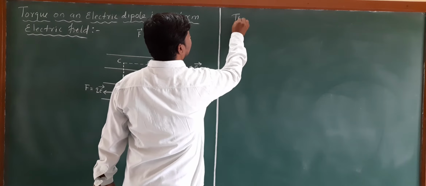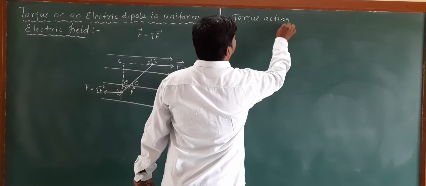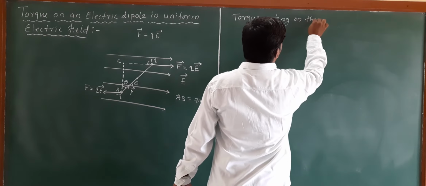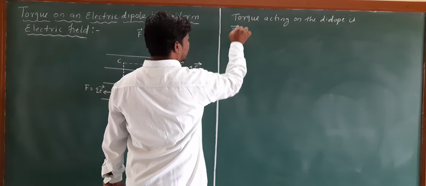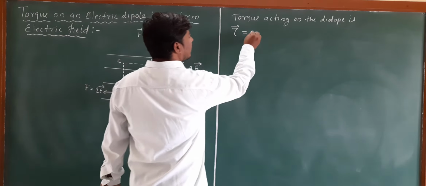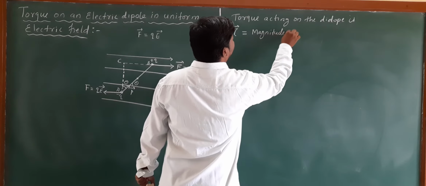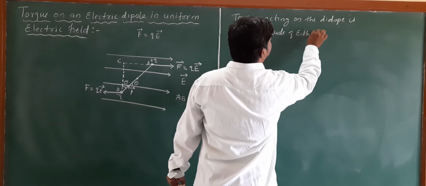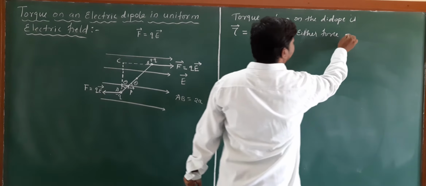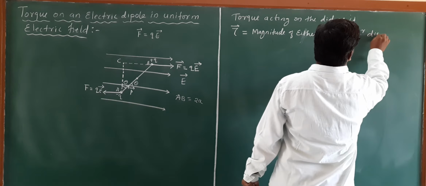The torque acting on the dipole, tau, is equal to the magnitude of either force into the perpendicular distance.